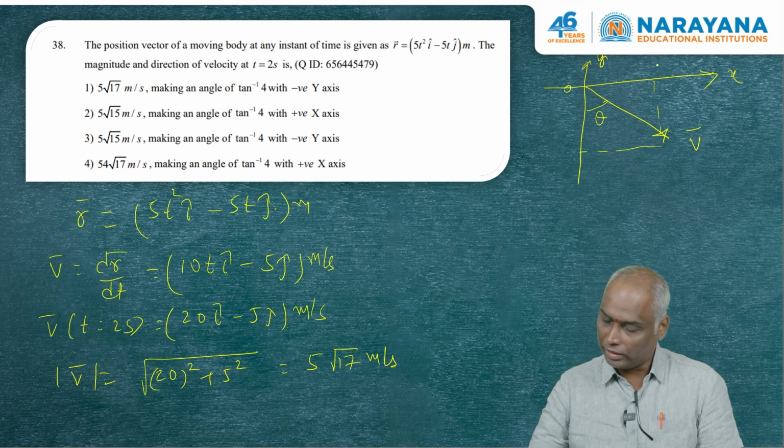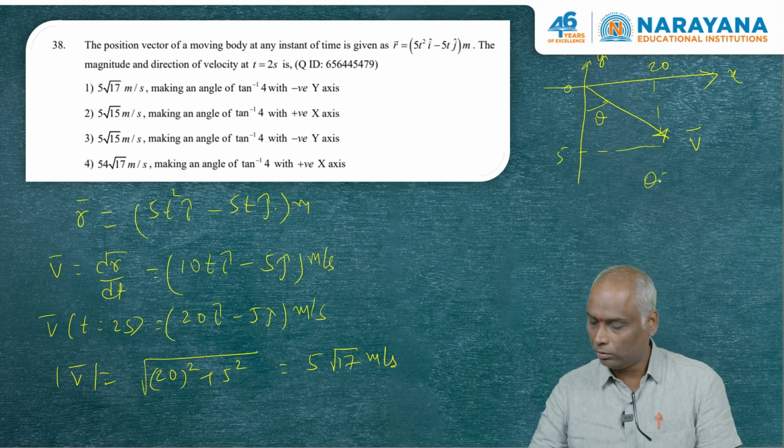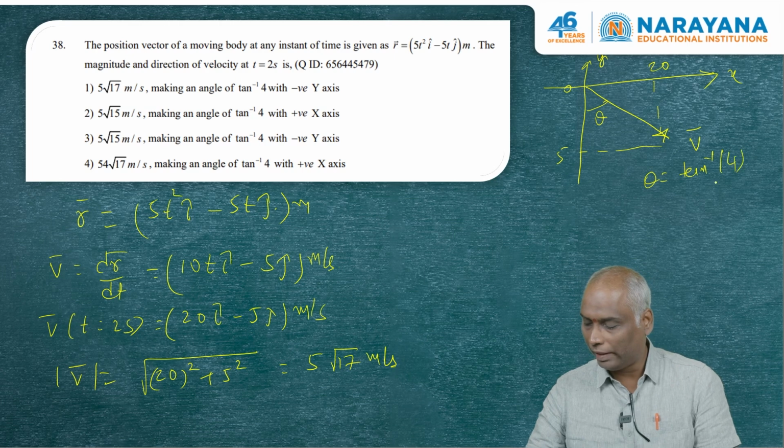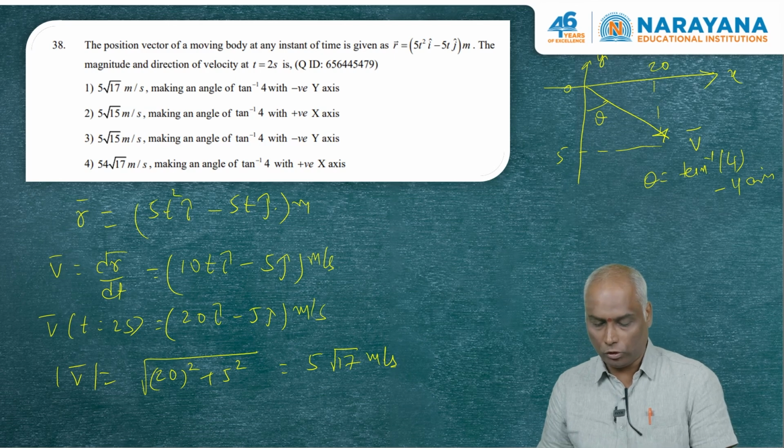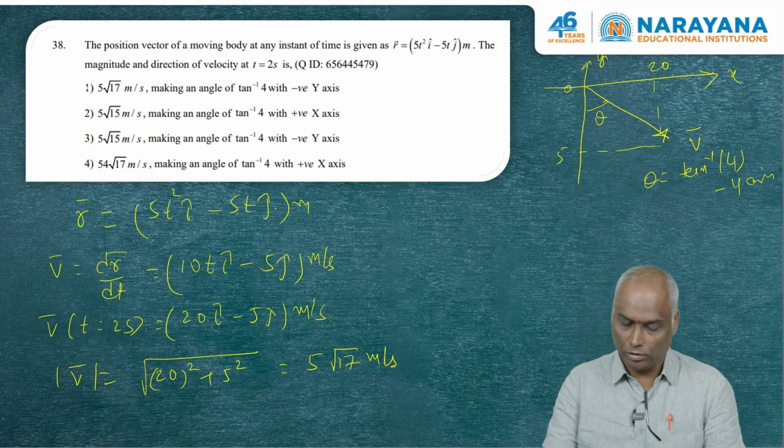The corresponding x and y components are 20 and 5. So tan theta is equal to 20 divided by 5, which is 4. So theta becomes tan inverse of 4 with the negative y-axis. So the option is going to be 5 root 17 meter per second, makes an angle of tan inverse 4 with the negative y-axis. So option 1.